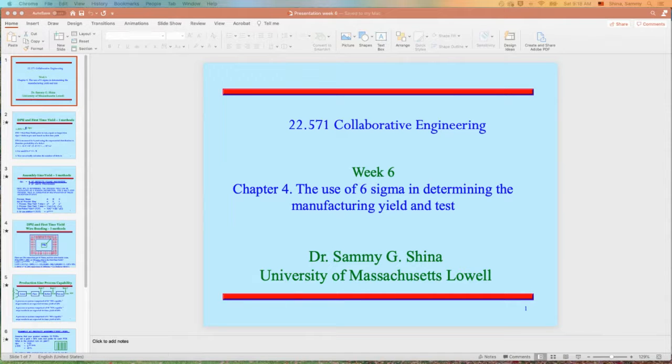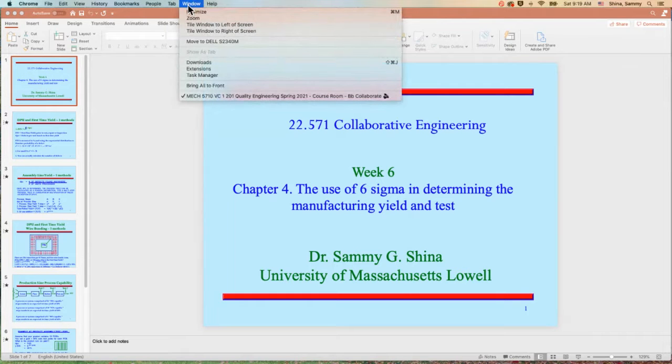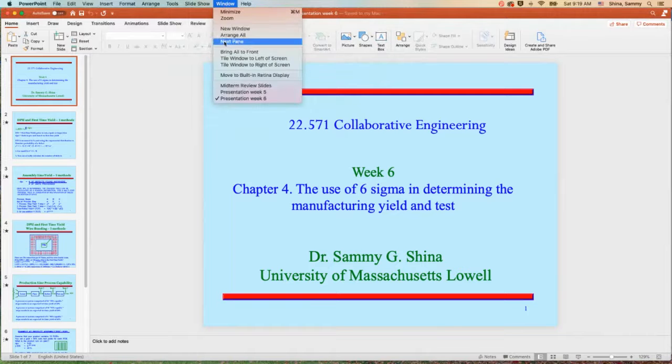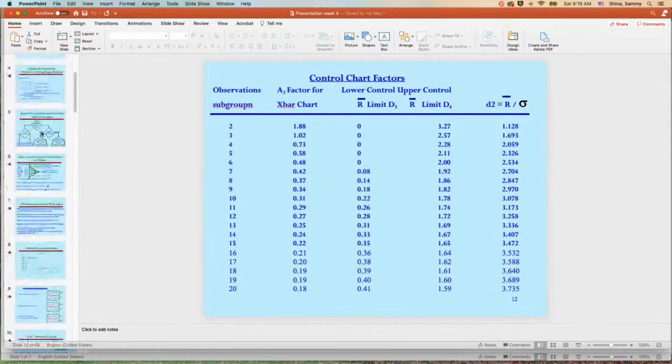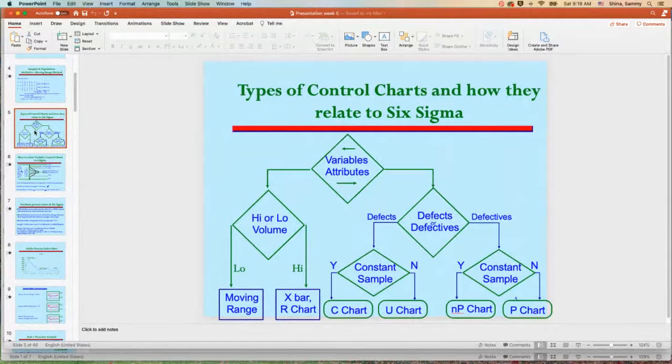Okay, so let me first review conceptually what we're trying to do, reviewing the last week or so. Because of the way that the data was presented, I think a lot of students had issues understanding the different concepts.